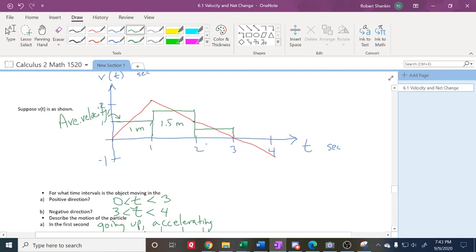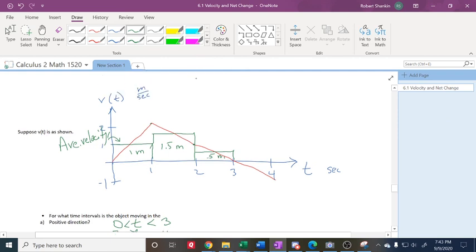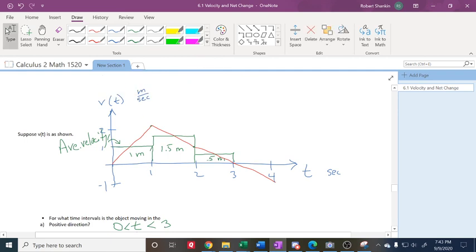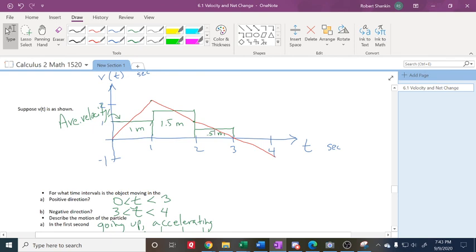Multiply that by the width, and I get 0.5 meters. Then this last one, I started at 0 meters per second, ended at -1 meters per second. So my average velocity was -1/2 meters per second, and the area here is -0.5 meters.